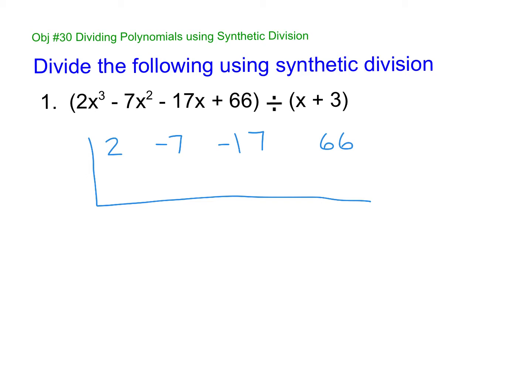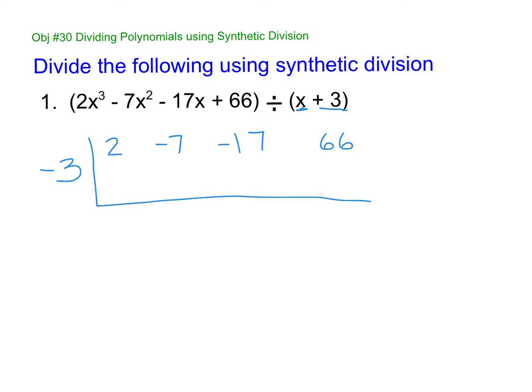On the outside, I'm going to get rid of this x, and I'm going to switch the sign, minus 3. We switch the sign because this works our subtraction into the problem. Remember, we divide, multiply, subtract. So the subtraction is already going to be in the problem.